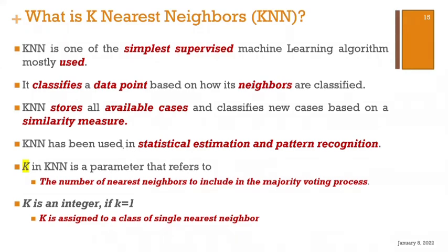Now, in principle, K-nearest neighbor is one of the simplest supervised machine learning algorithms that are mostly used. So very simple. And like we said, in machine learning it's always advised to keep it simple. The idea is that you start your modeling, you want to predict, start from the simple algorithm. It is when the simple algorithm fails that you go into the other ones that are more complicated.